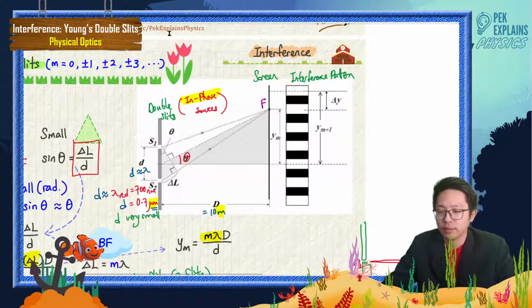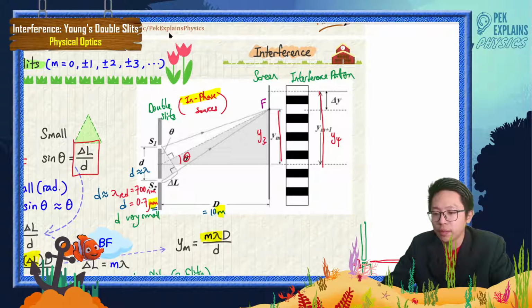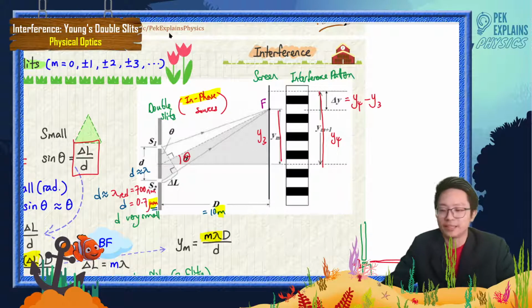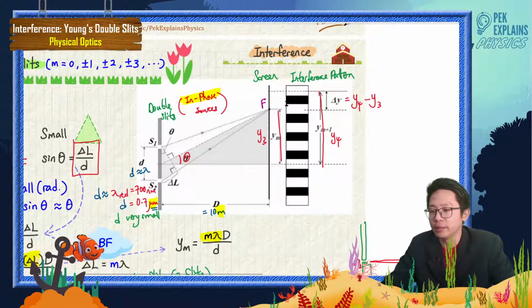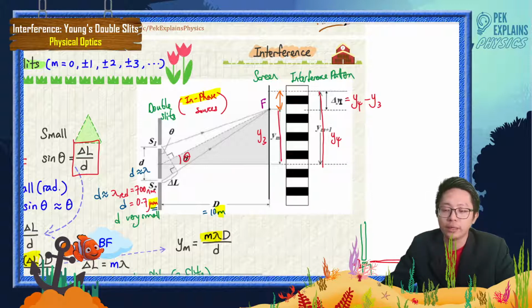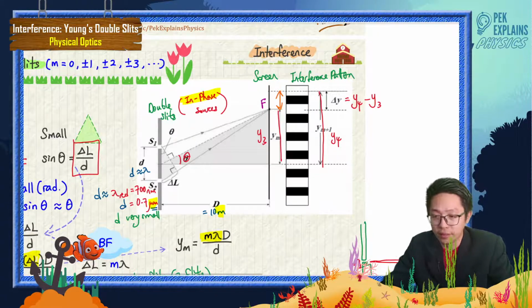The long one is y4 minus the short one y3, so delta Y is y4 minus y3. Then you can get this distance, the delta Y between these two, which is the separation between the fourth order bright fringe and the third order bright fringe.